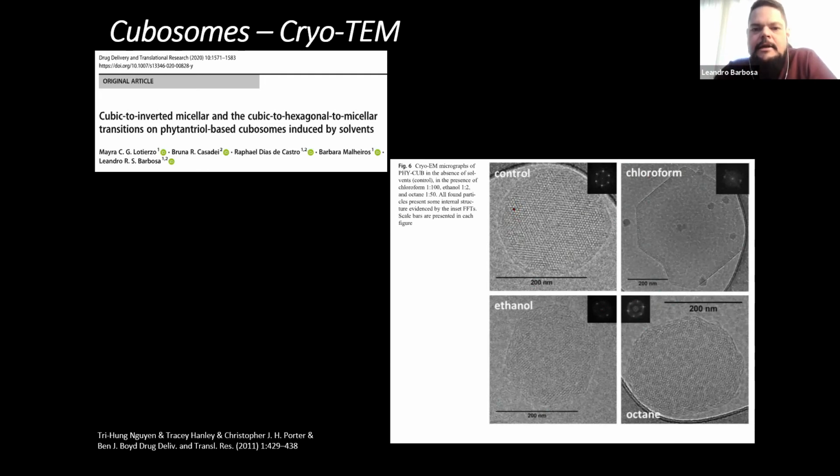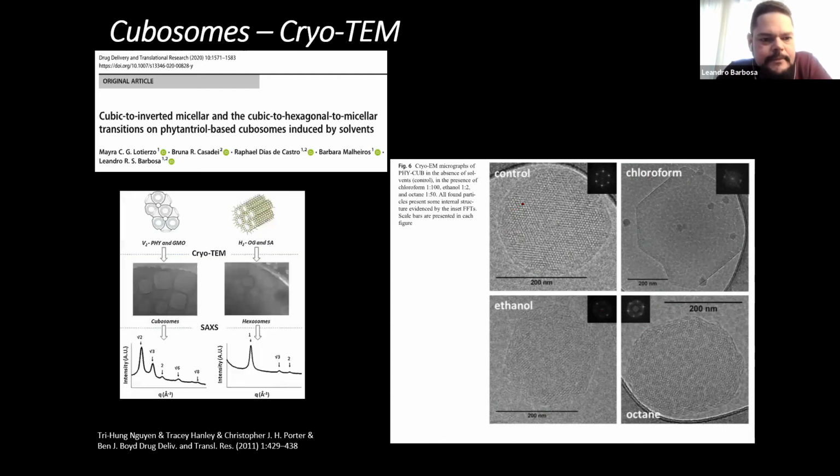You can also realize how precise cryo-EM can be using this kind of detector that I use here in Campinas, Brazil. And this is the evidence of hexosomes in solution. This is why we believe that in the case of chloroform, we have structures very similar to this one, some kind of hexosomes in solution in the presence of chloroform.